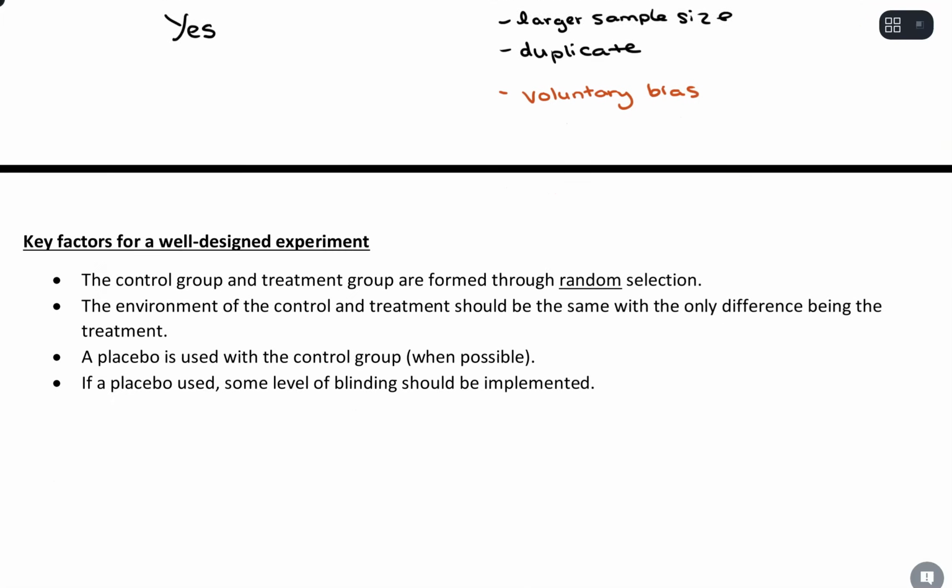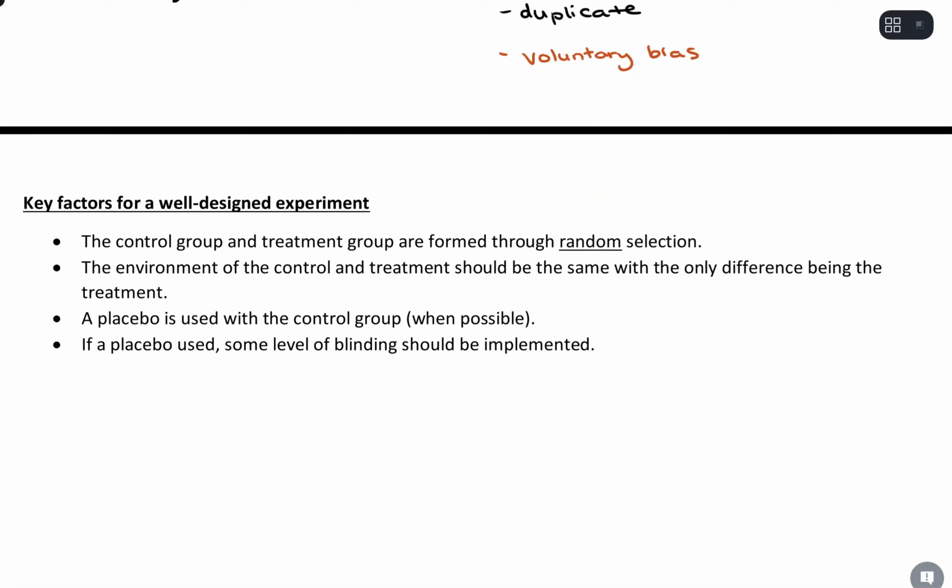So just to summarize, what we need for a well-designed experiment, and this is the idea that the experiment is controlled and randomized. What we need is control and treatment groups that are formed through random selection. So we make those two groups randomly. You can use blocking to separate them by gender or age or any other factors if that's helpful to the experiment, but it's not required.